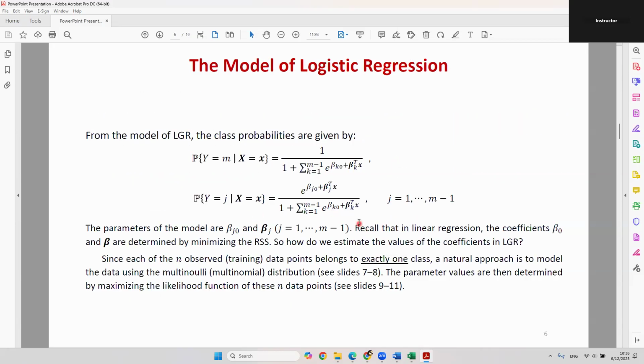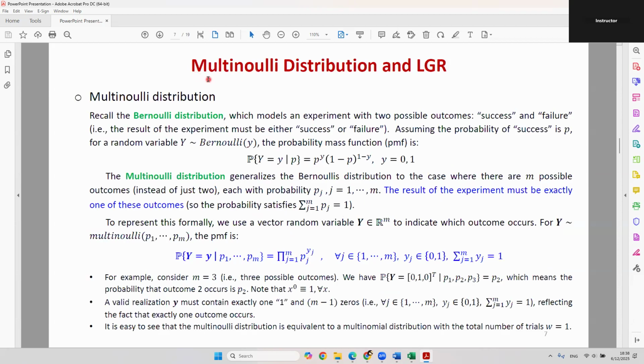First of all, to model the label, I'm going to introduce the multi-Nully, not multinomial, multi-Nully distribution. So again, recall the Bernoulli distribution. The Bernoulli distribution models an experiment with two outcomes, success and failure. Assuming the probability of success is P, the Bernoulli distribution has this PMF.